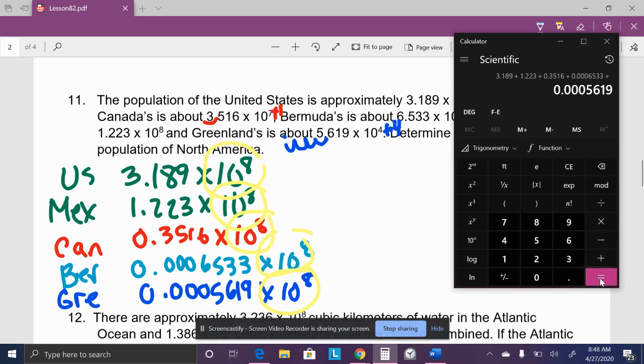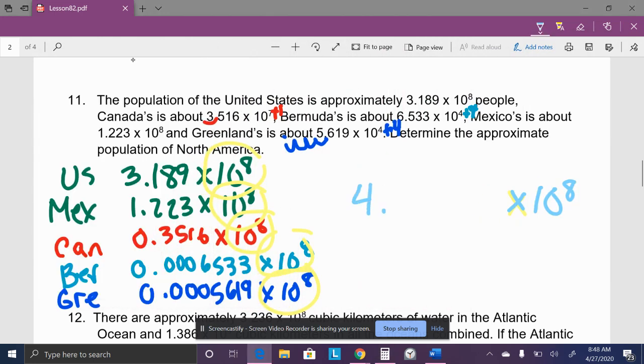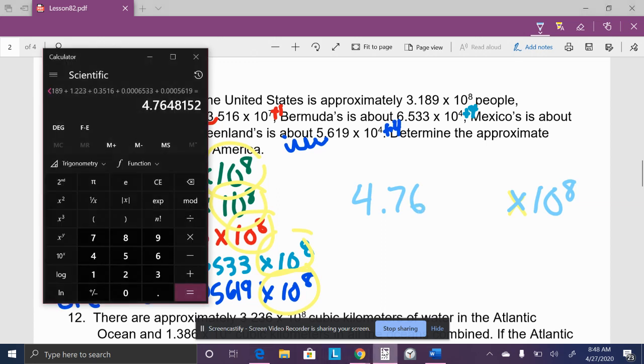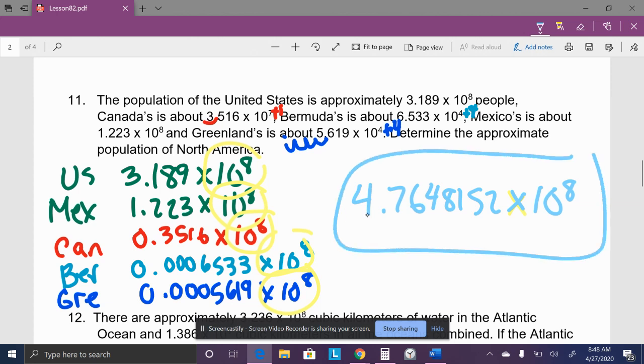But this is a good challenging problem for the ones that want to master this. And you get 4.7648152. We got one non-zero digit before the decimal, and that would be my final answer.